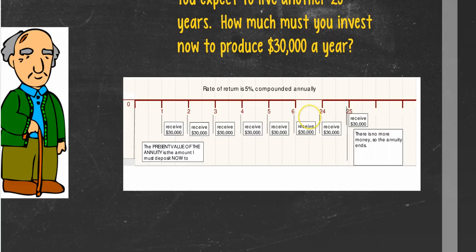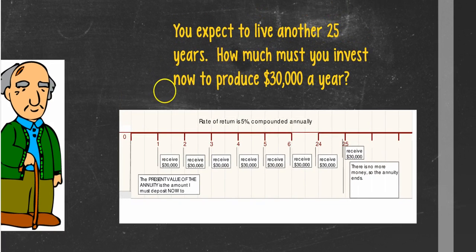We can take out more than just the interest, because over time, the amount is going to decline to zero. So in the 25th year, we take a payment of $30,000, and then there'll be nothing left.